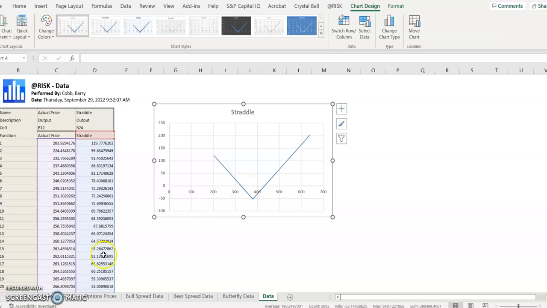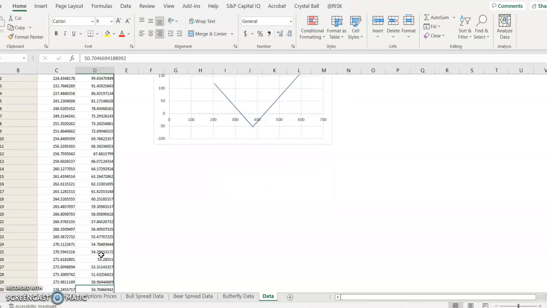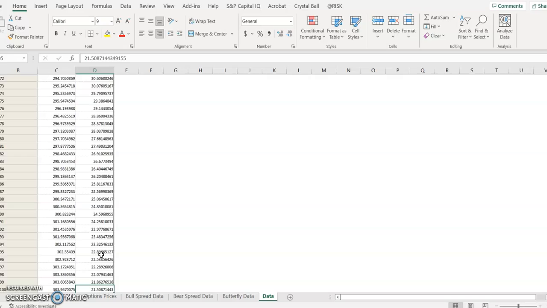And we can see where these cross zero. We have to pay the fairly expensive cost of the strategy. But right here, it looks like right about 325 is where the payoff turns positive. So if this stock price drops below 325, it's 363 now, we'd have a positive payoff.